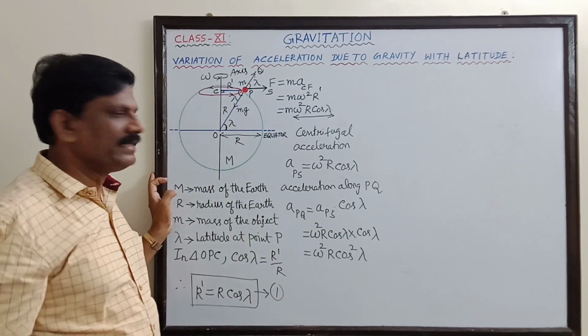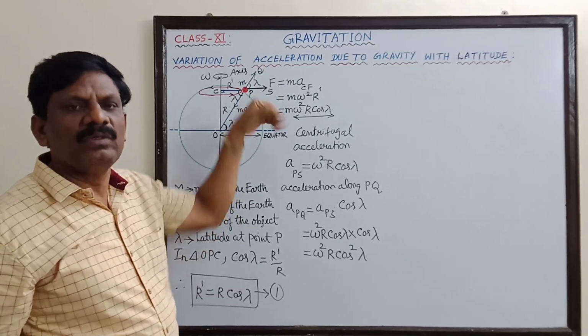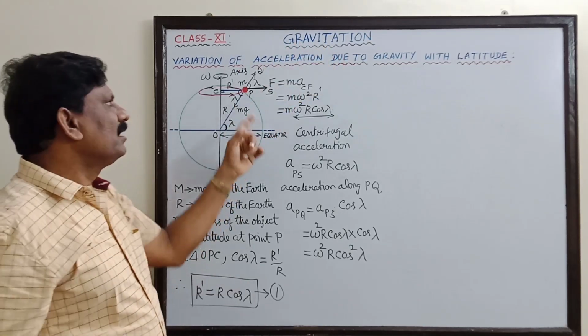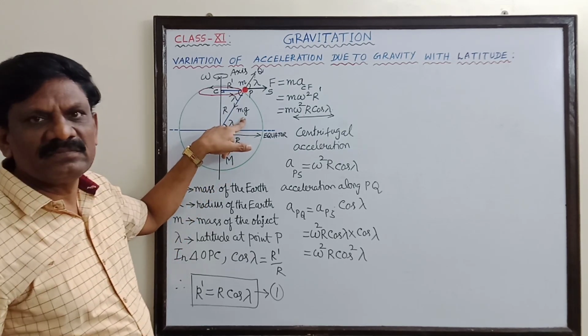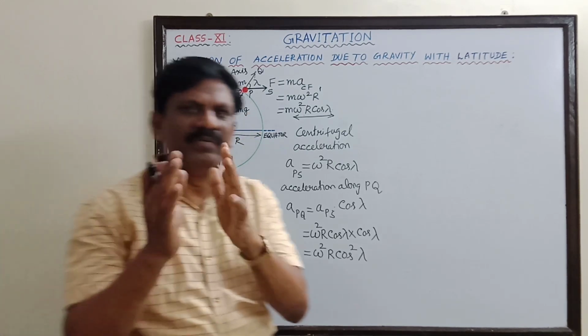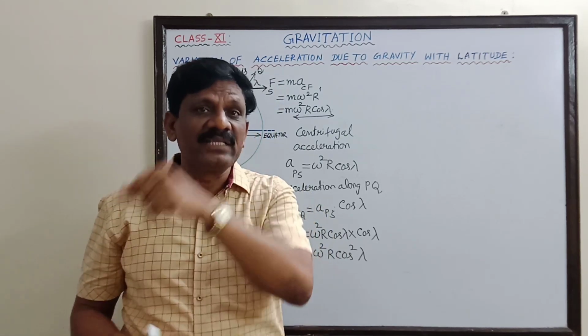So this is the acceleration along the direction P towards Q, which is opposite to the direction PO, where G is acting. My dear students, here you should be very careful in understanding where the object is actually placed.